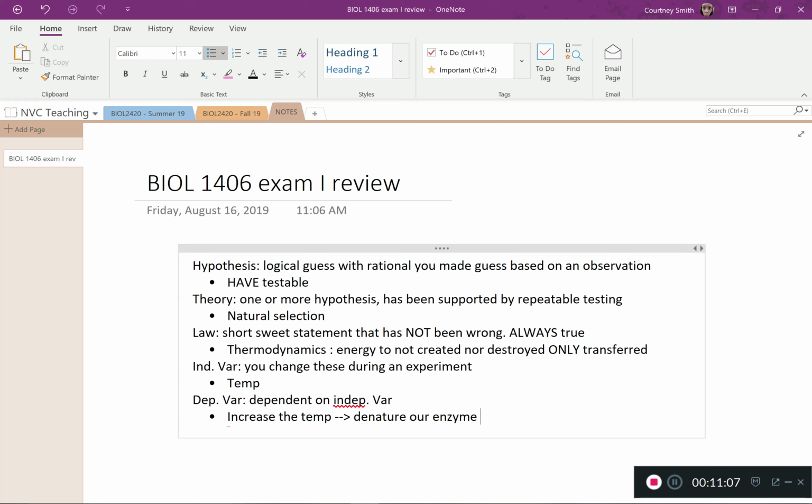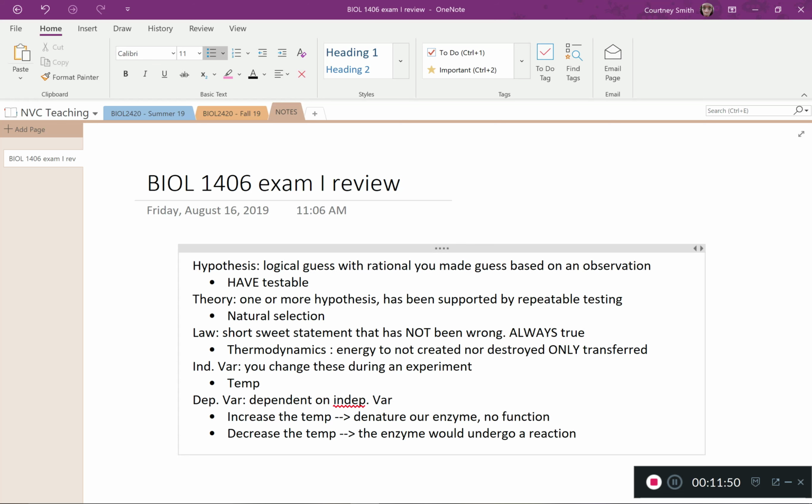The fact that we increase temperature, the enzyme is dependent on its structure and function because of temperature. So what if we decreased the temperature? The enzyme would not work, would not undergo a reaction. Whereas if you increase the temperature too high, you denature the protein and no function. So no more function with the enzyme if it is denatured, okay?